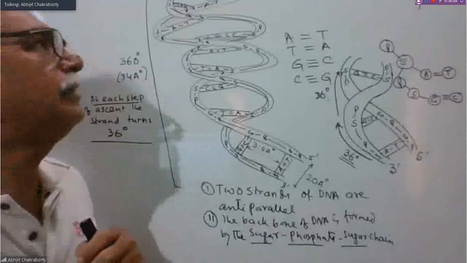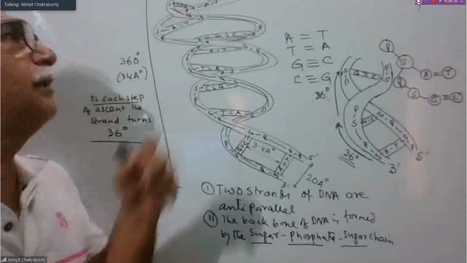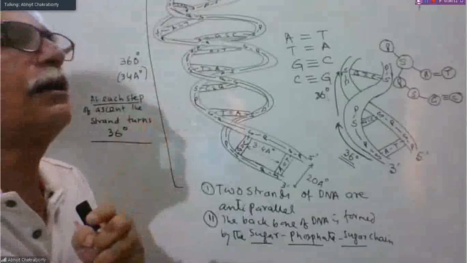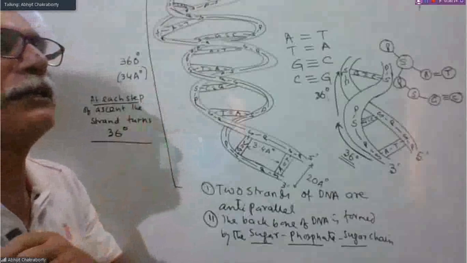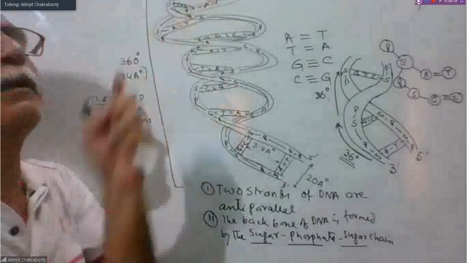Yeah, I think it is clear to you what is 5' and 3'. At one end of the DNA chain, if the fifth carbon of the sugar is found to be with a free phosphate group, then it should be 5'.